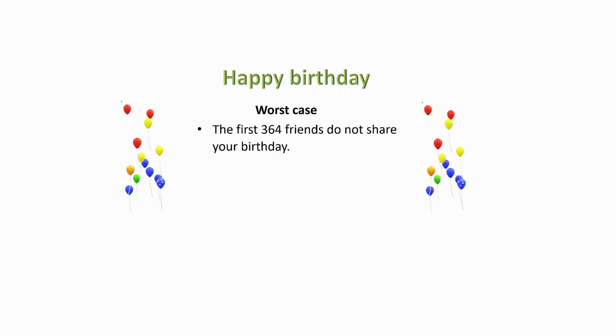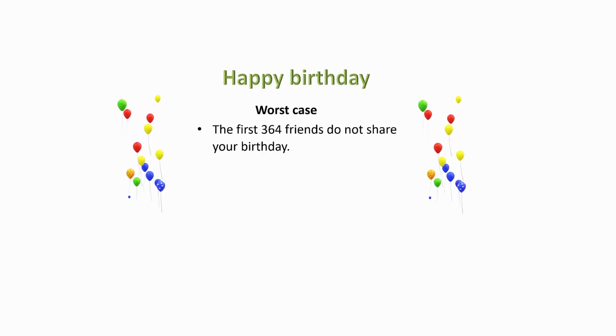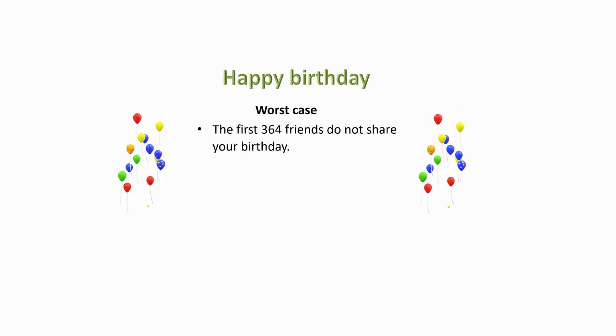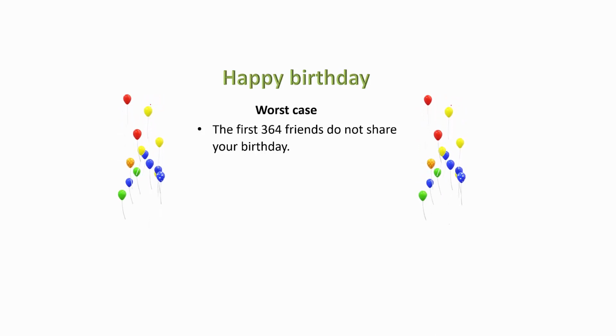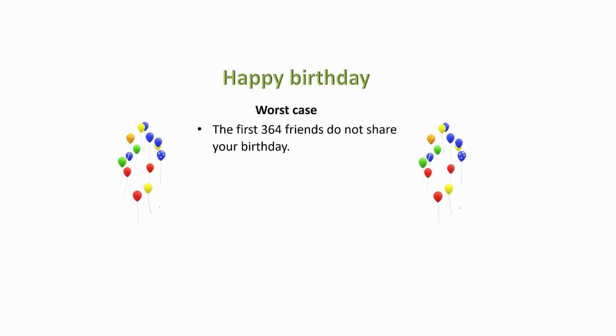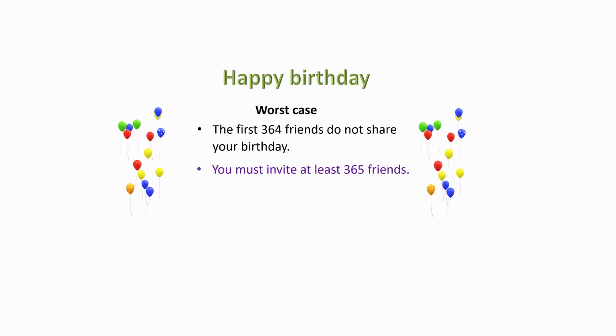That's the maximum. And that means when you invite one more person, in other words, 365 friends, that person must share your birthday because all of the other birthdays have been covered. Obviously, for a leap year, it will be one more each time.